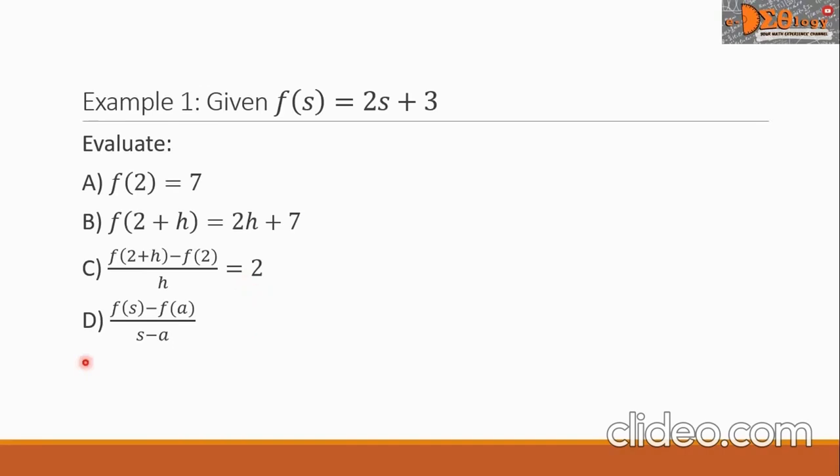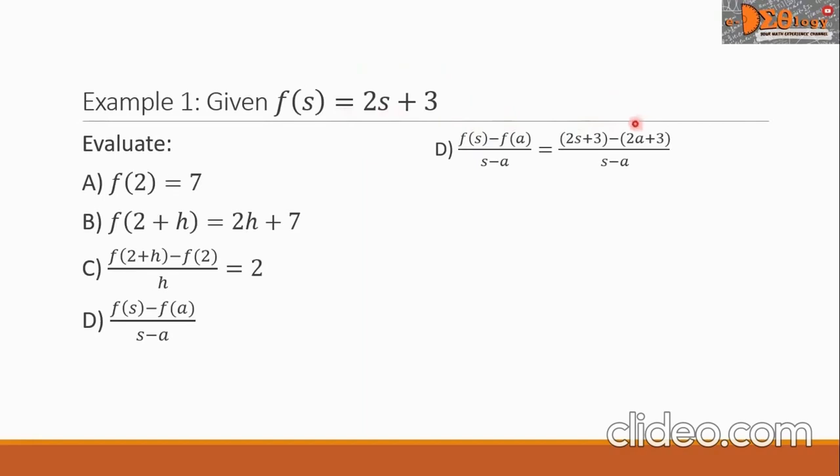Then let's go to problem D. The fraction is f of s minus f of a all over s minus a. The f of s is the original problem, so we can copy it here, the 2s plus 3. Then minus, the f of a is this function, but instead of the s, I will copy the a.